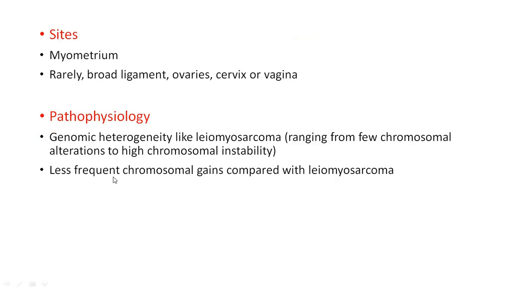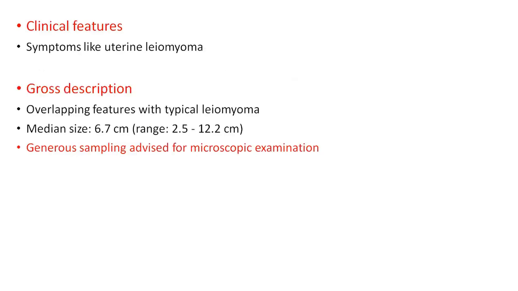In terms of pathophysiology, it also has genomic heterogeneity like leiomyosarcoma. It ranges from a few chromosomal alterations to high chromosomal instability, and in about 10% of the cases, the MED12 gene has been implicated in the pathophysiology of the STUMP.